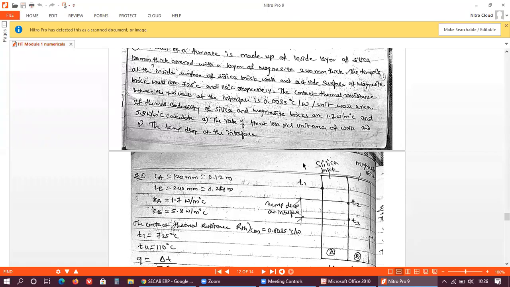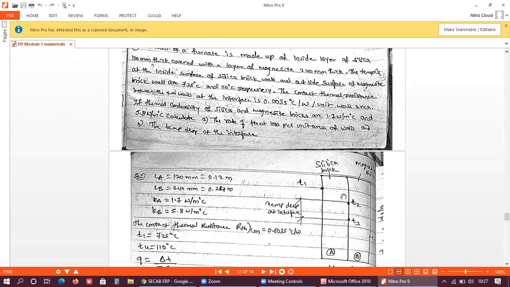Okay, then the contact thermal resistance between the two walls at the interface is 0.0035 degree Celsius per watt per unit wall area.